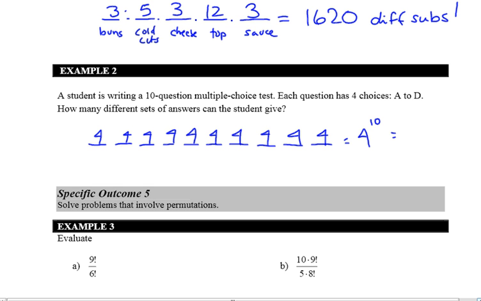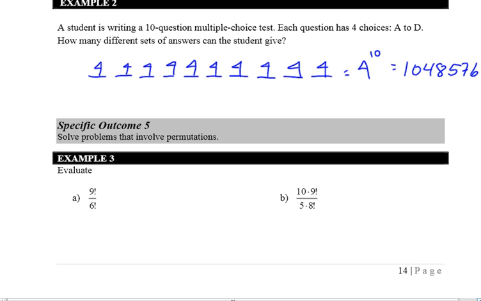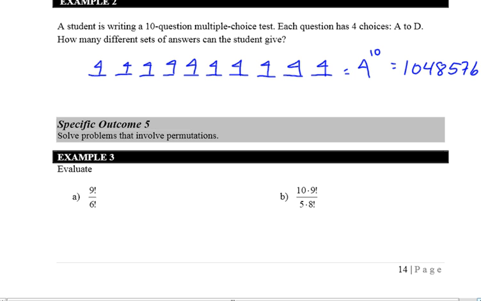So your chances of getting 100% if you guess is 1 in 1,048,576. So studying is better than guessing. You probably already know this, right? If you didn't know anything and you just randomly guessed, your chances are basically 1 in 1 million to get 100%.